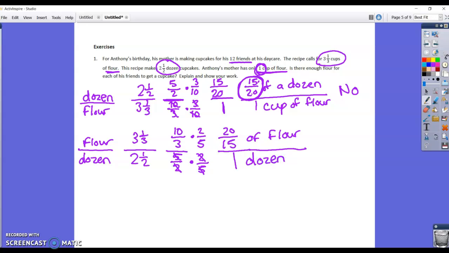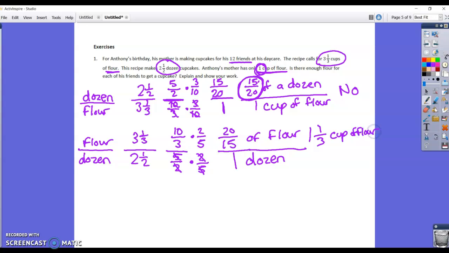If she only has 1 cup of flour, 20/15ths of flour is how much she would need for 1 dozen. 20/15ths is the same as 1 1/3. 15 will go into 20 once, with 5/15 left, which simplifies to 1/3. So 1 1/3 cup of flour.